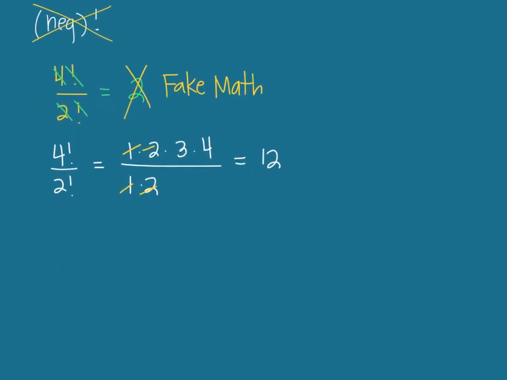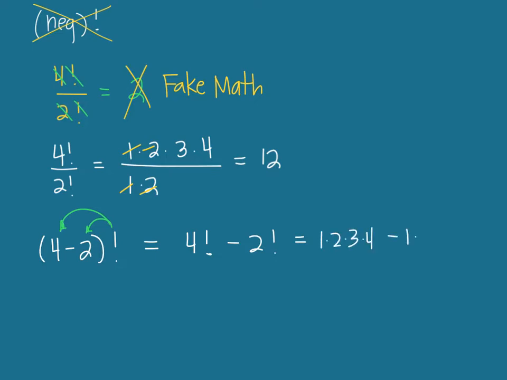Some other fake math when it comes to factorials is what to do with parentheses. Now often with parentheses we distribute, and so some people want to distribute and say this should be 4 factorial minus 2 factorial, and 4 factorial is 1, 2, 3, 4, minus 2 factorial is just 1 and 2.